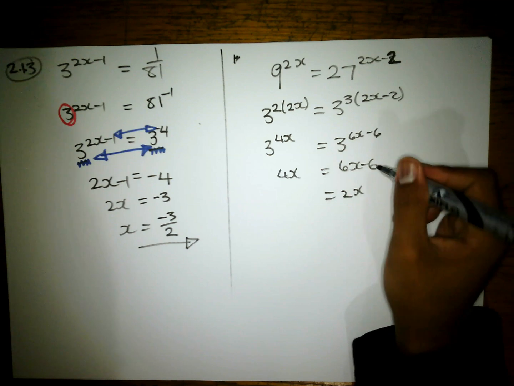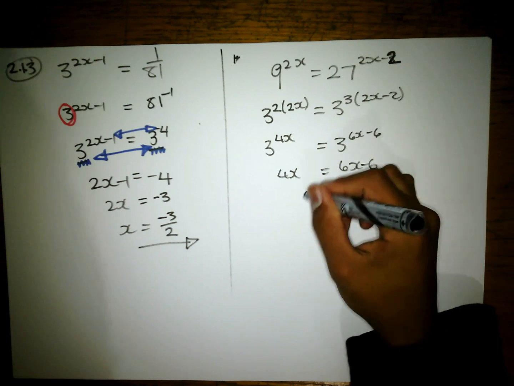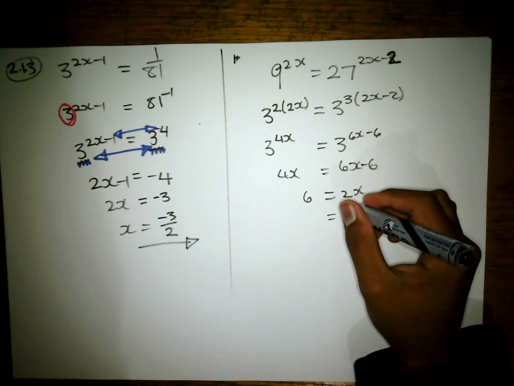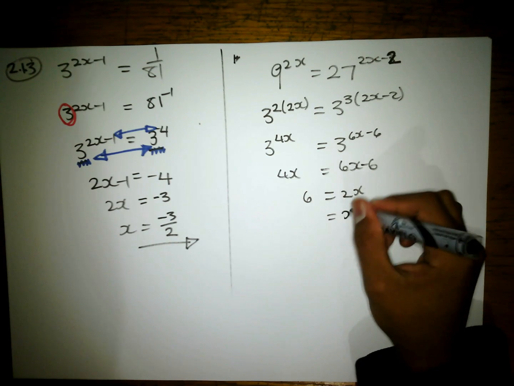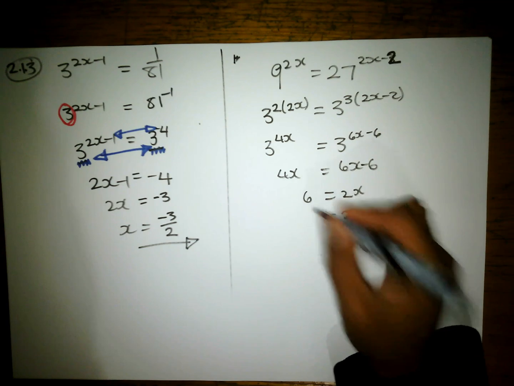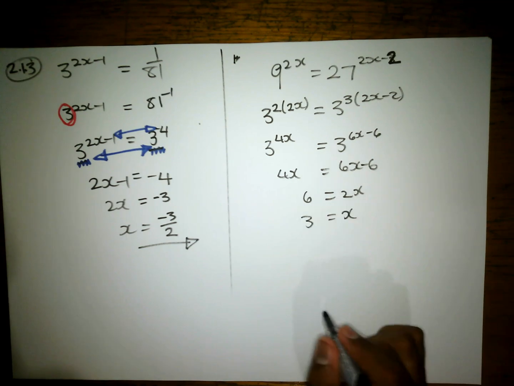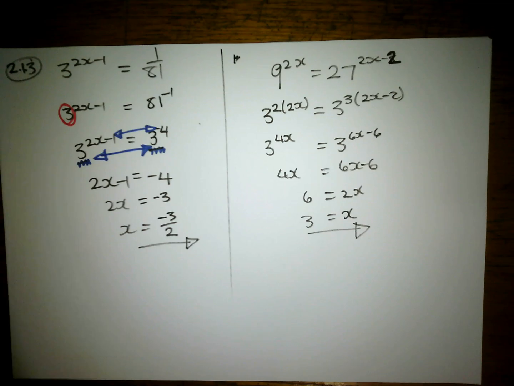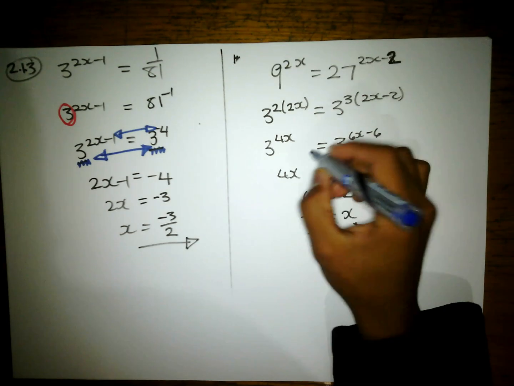And then this negative 6 goes over, leaves us with a 6. 2x divided by 2 is x, and 6 divided by 2 is 3. x equals 3. Very straightforward. Very, very simple.